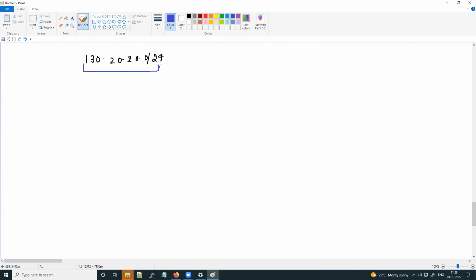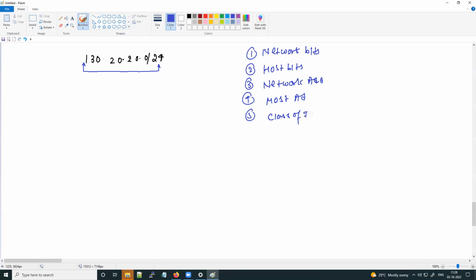From this IP address, can you tell me: first, the network bits; second, the host bits; third, the network address; fourth, the host address; fifth, the class of the IP address; sixth, the subnet mask. Right? So let's understand one by one.